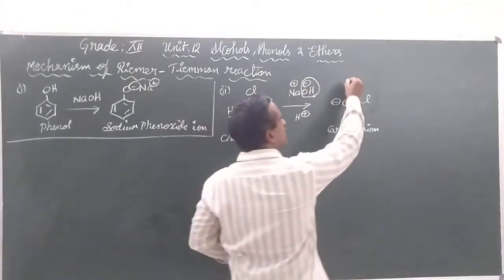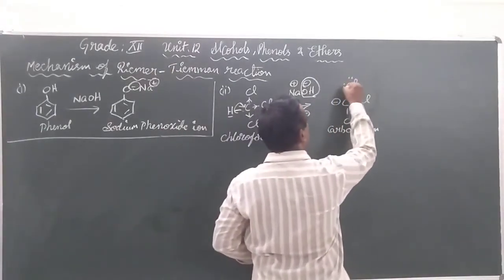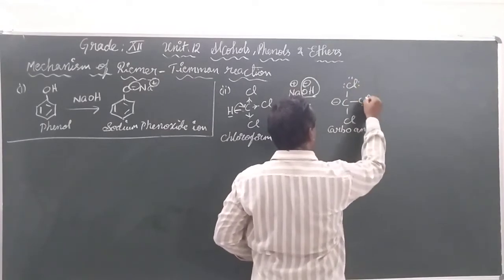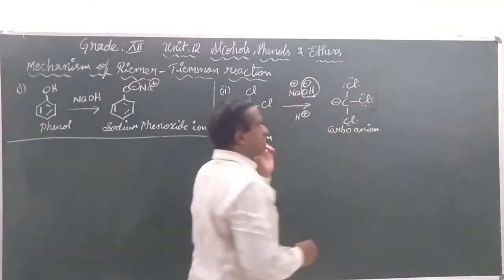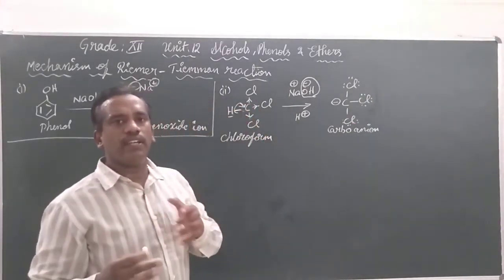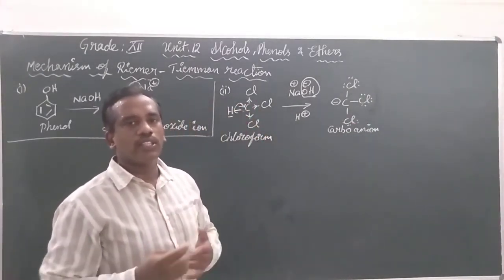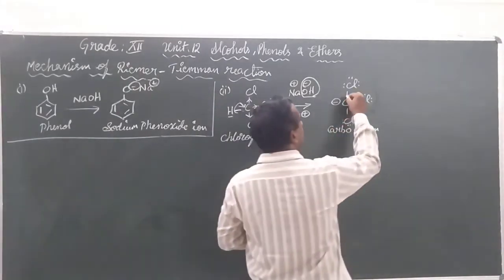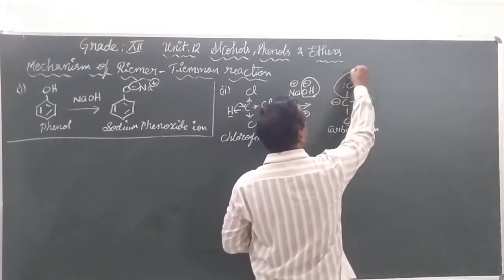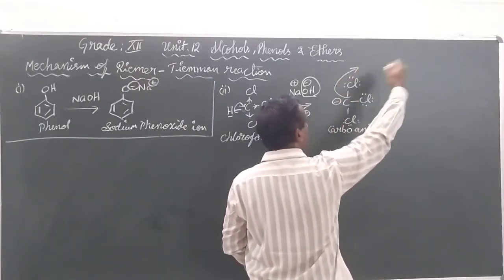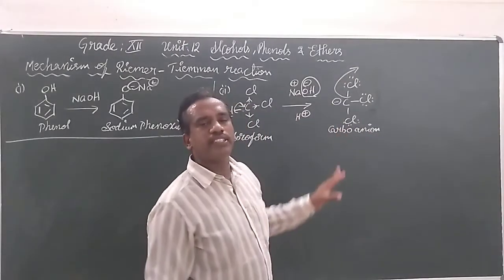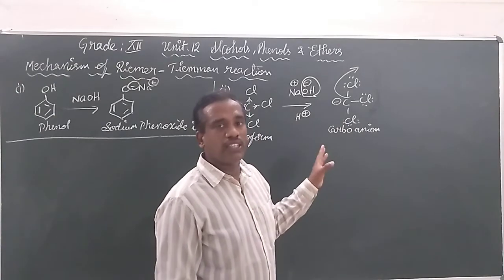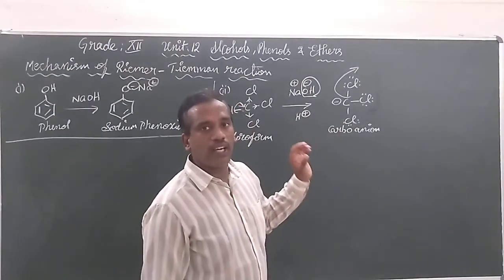The chlorines also will have free electrons on them. So overall, in this molecule, there is repulsion between these electrons that are present in excess. Now this chlorine is going to take out its electrons and leave the bond in order to have stability, because of the repulsion of free electrons.